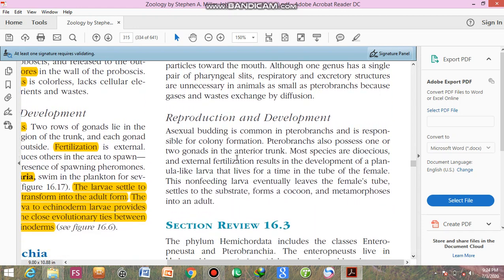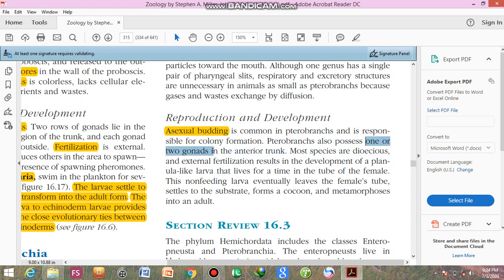Reproduction and development. Asexual budding is common in pterobranchs. You can see the asexual reproduction in these animals, and mostly this is responsible for colony formation. Pterobranchs also possess one or two gonads in the anterior trunk.